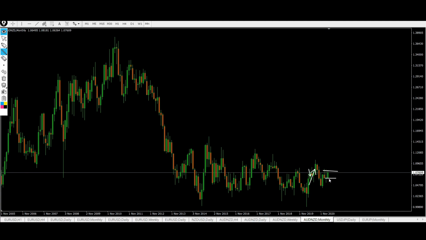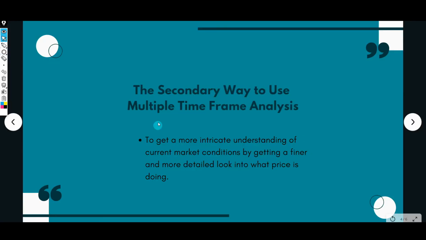But even within this range, there was a slight bias down because on the daily chart, this range was broken out on the bottom, but it was never broken out on the top. Okay? So the secondary way to use multiple time frame analysis is to get a more intricate understanding of current market conditions by getting a finer and more detailed look into what price is doing.